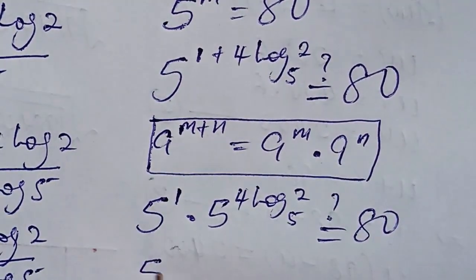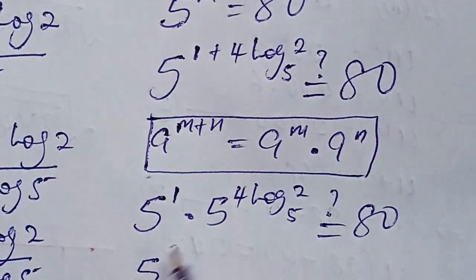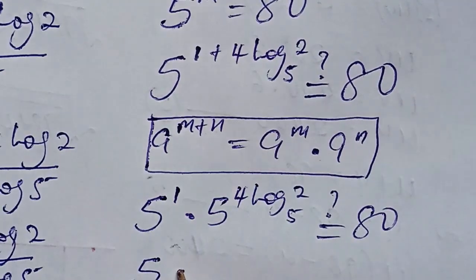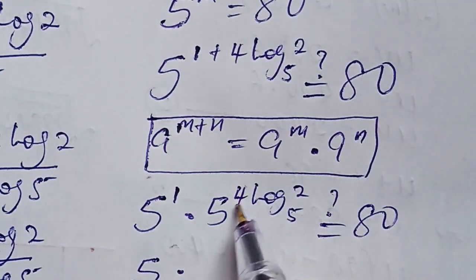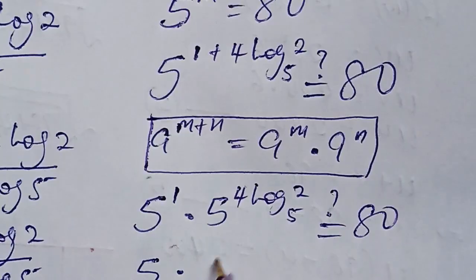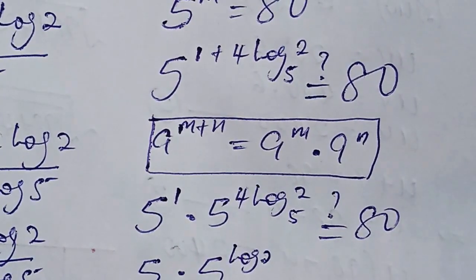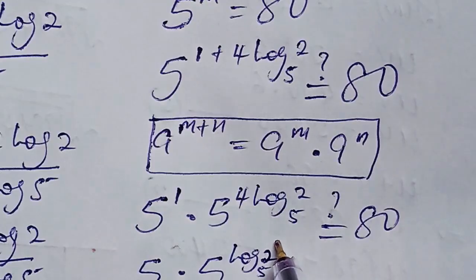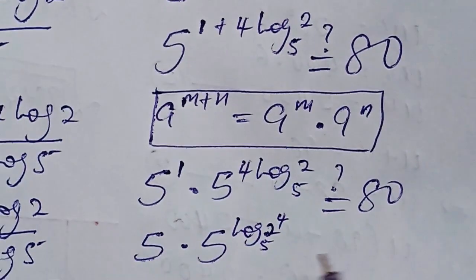So this becomes 5 to the power of 1 equal to 5 multiplied by, then we can move this to the power, 5 to the power of log 2 base 5, then power 4.